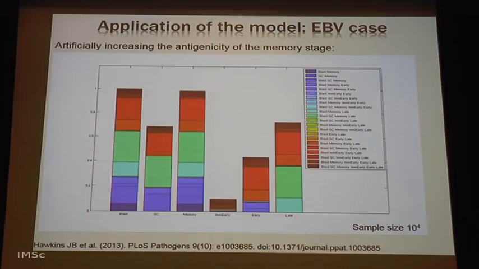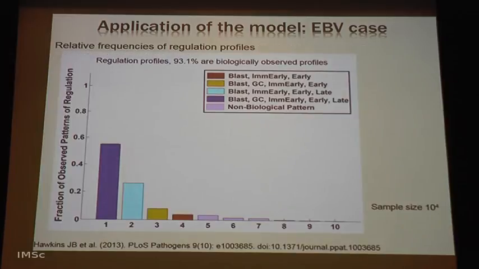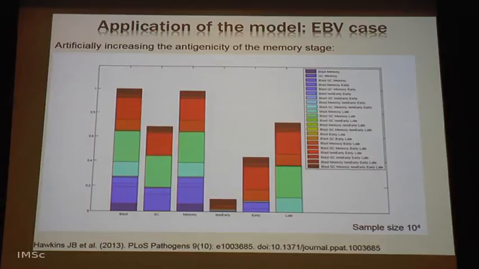And so this is the result. You get all of a sudden a lot more regulation profiles. You don't get a scenario like this, where four stand out. You get a much more heterogeneous scenario. And it is also a lot more complex, so this stage is regulated, but it is regulated in all sorts of different combinations of possible regulation profiles.